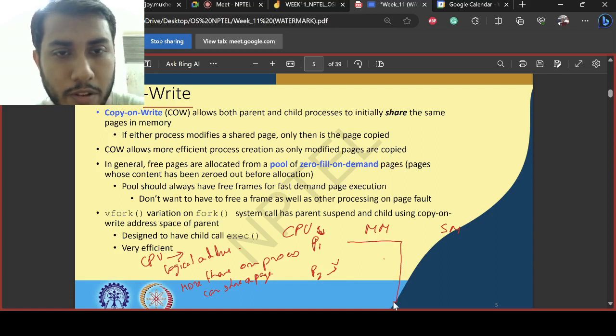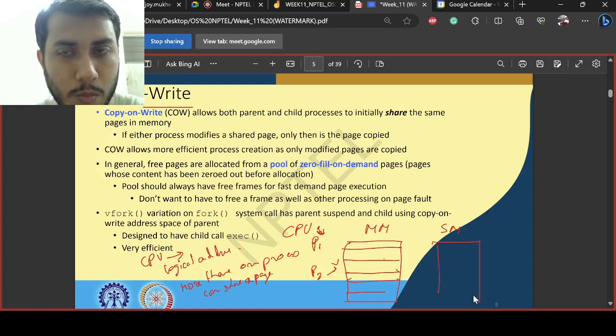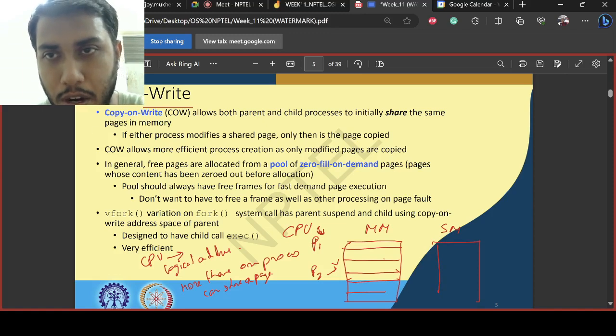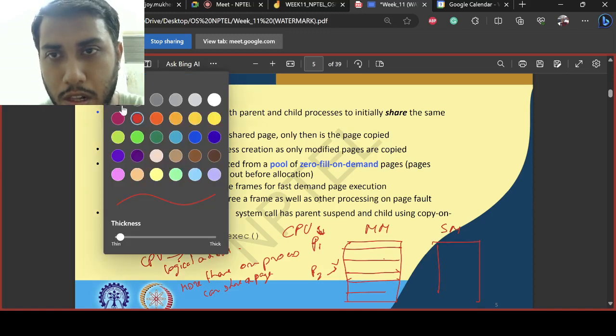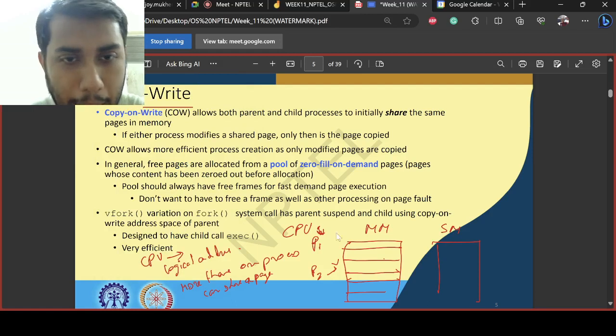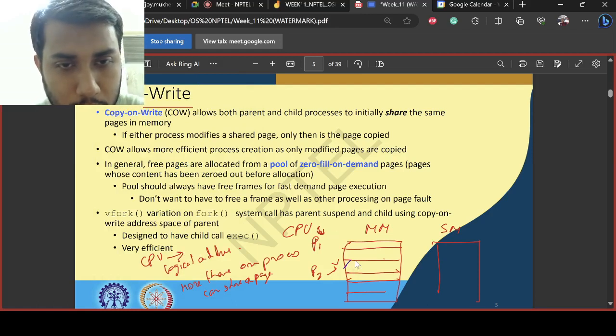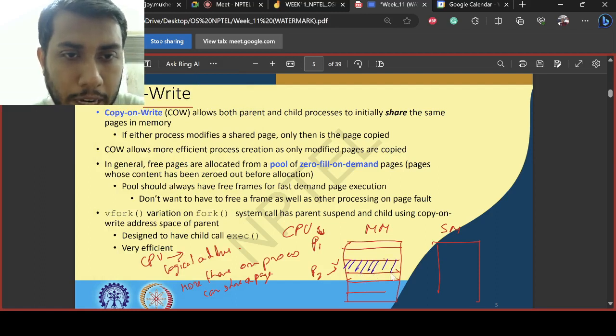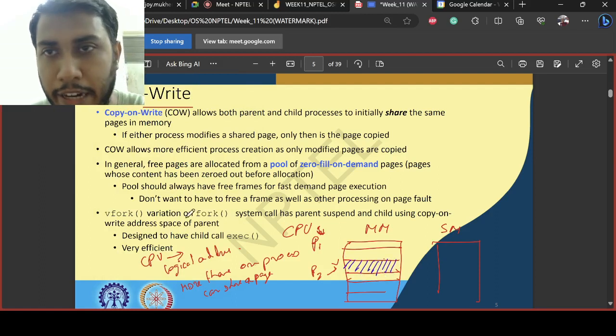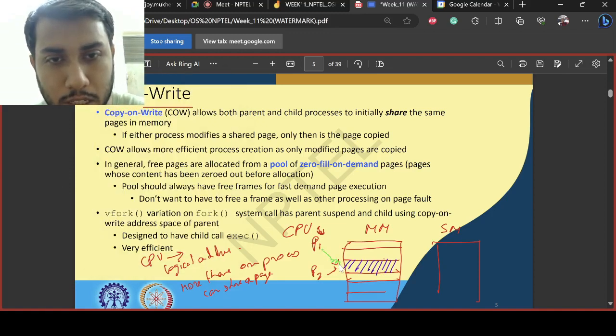So you have your main memory. And let's say this is the page that is shared by both P1 and P2. And now let's suppose P1 modifies it.